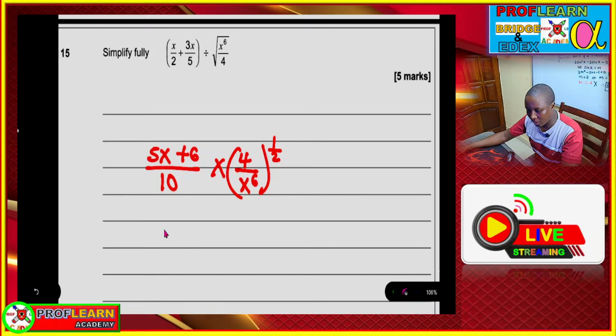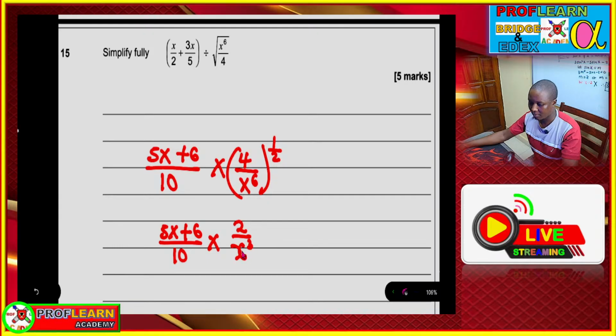And this is going to translate to 5x plus 6 out of 10 times 2 over x raised to power 3.